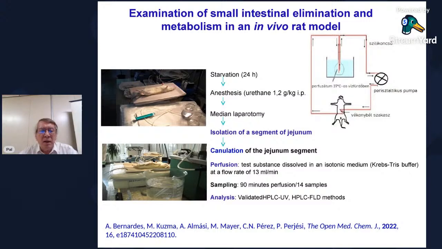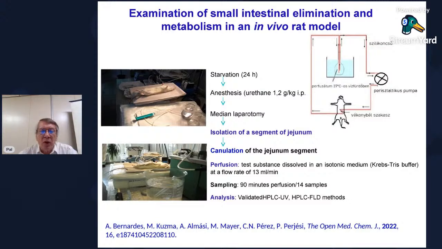Finally, I wish to show the result of an in vivo investigation of the absorption and metabolism of the two chalcone derivatives previously mentioned.